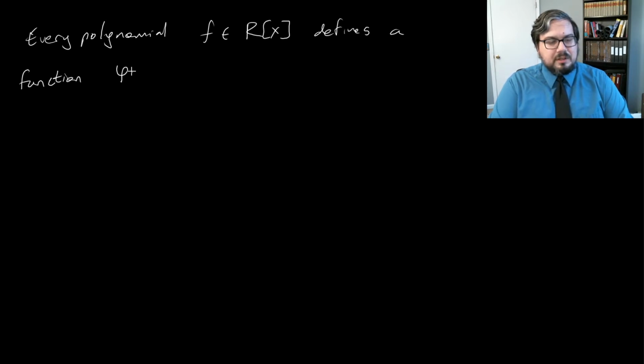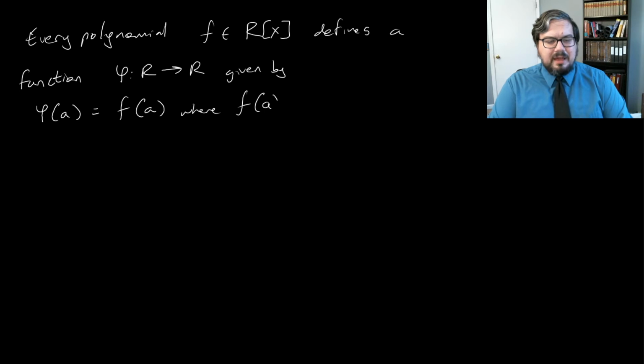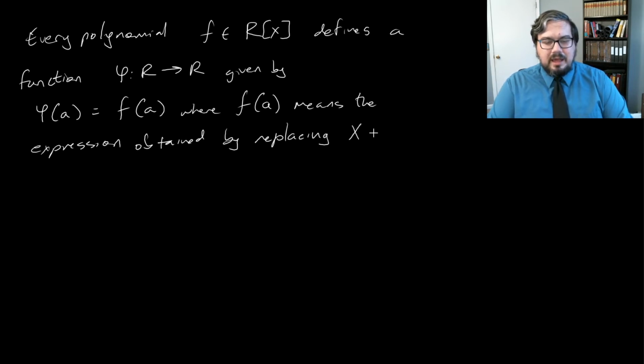Some function phi going from the ring to itself, given by phi of a equals f of a, where this symbol f of a means the expression obtained by replacing x with a in the polynomial f.